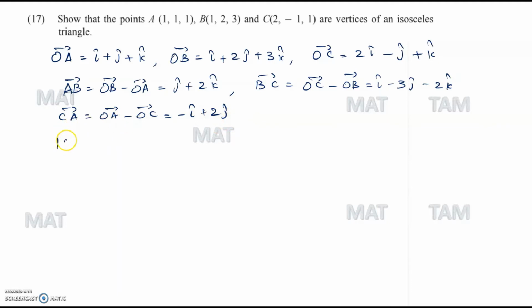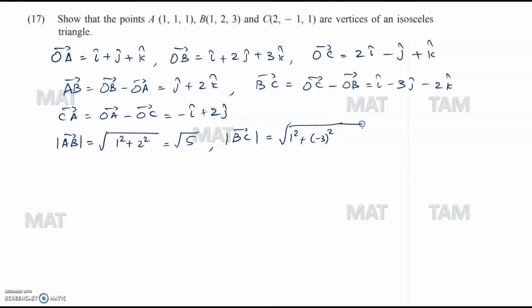So let's find the magnitude of AB vector. So that would be square root of 1 squared plus 2 squared, which is root of 1 plus 4, 5. So the magnitude of BC vector would be equal to square root of 1 squared plus minus 3 squared plus minus 2 squared, which is equal to root of 1 plus 9 plus 4, which is equal to square root of 14.